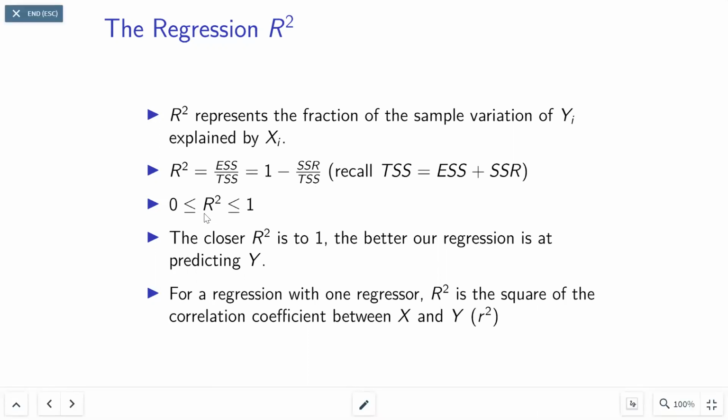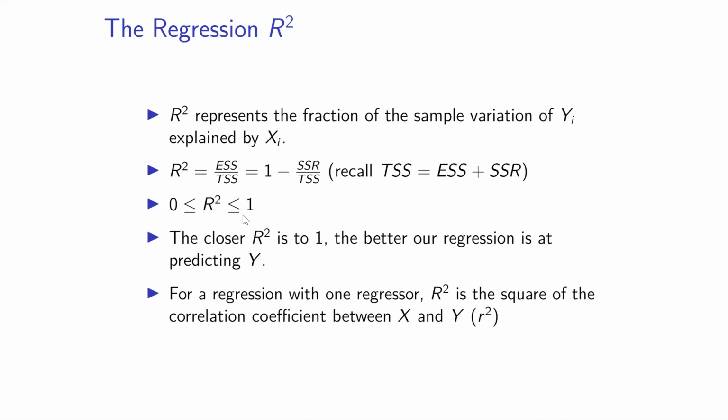R-squared ranges between 0 and 1. If R-squared is closer to 0, it means the regression model has very little explanatory power to explain the variation in y. If the R-squared is closer to 1, it means the regression model can explain the variation in y pretty well.